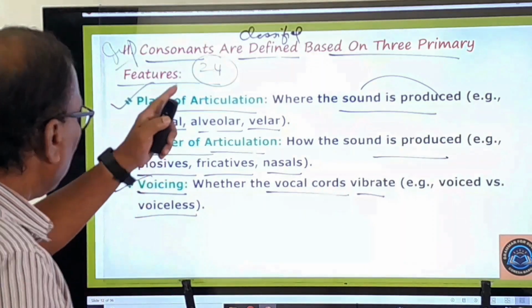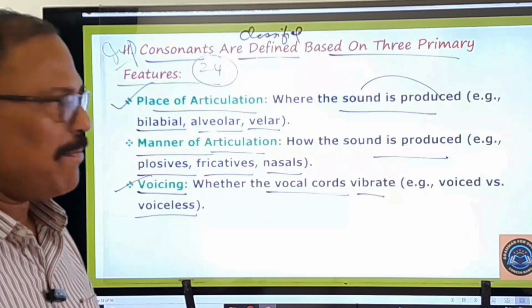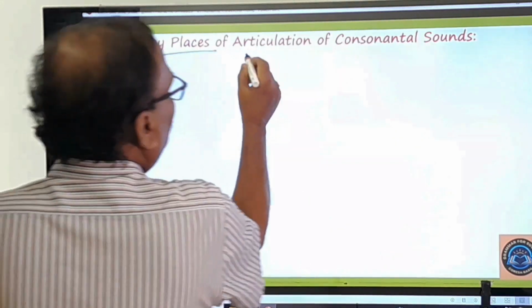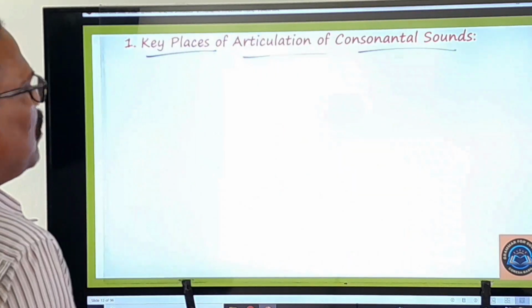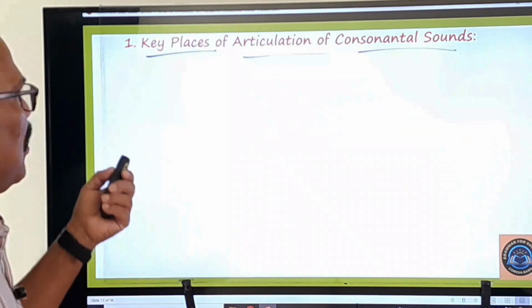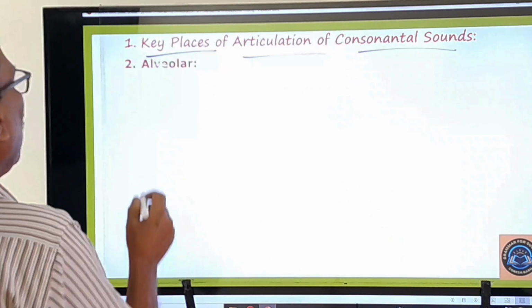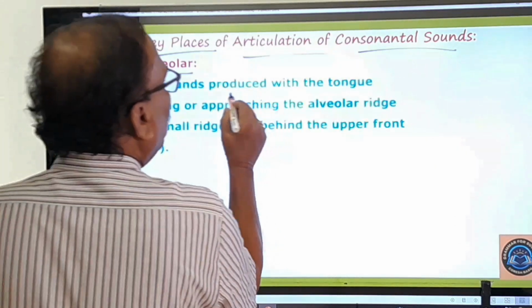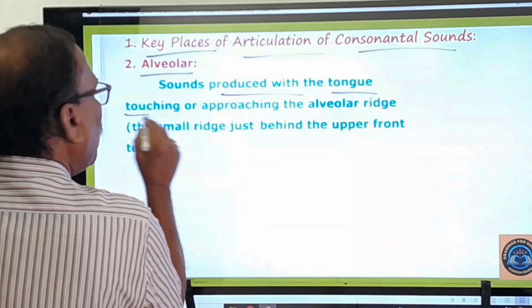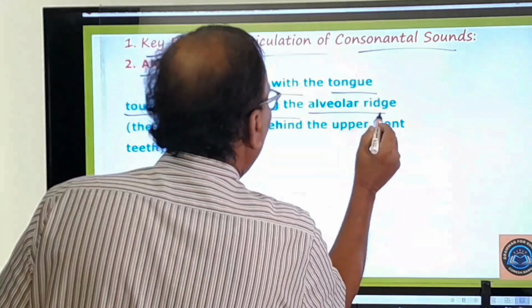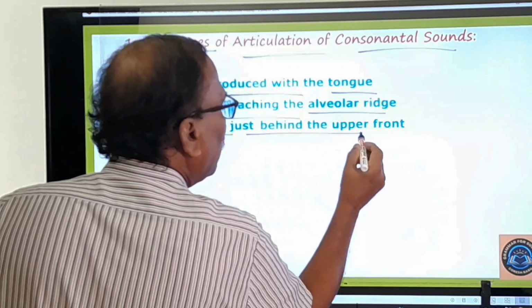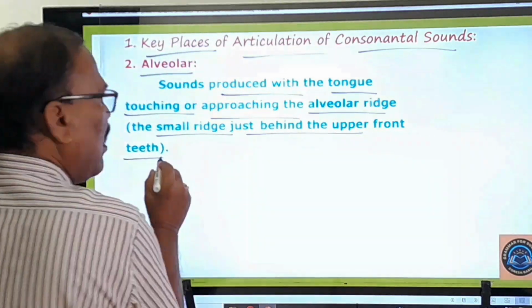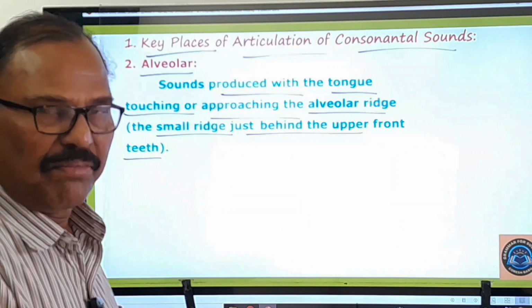So let us now learn about the place of articulation, and the key places of articulation of consonantal sounds. Very important, please pay very good attention to this slide. Alveolar: sounds produced with the tongue touching or approaching the alveolar ridge, the small ridge just behind the upper front teeth.